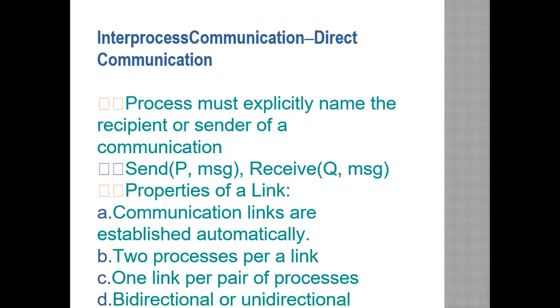The process must explicitly name the recipient or sender of a communication. When I want to communicate from P1 to P2, there should be a name of the recipient or sender in the communication link. So we have the send primitive and the receive primitive: send(P, message) and receive(Q, message). These primitives have to be accommodated for processes so that who is sending and who is receiving is known very easily.